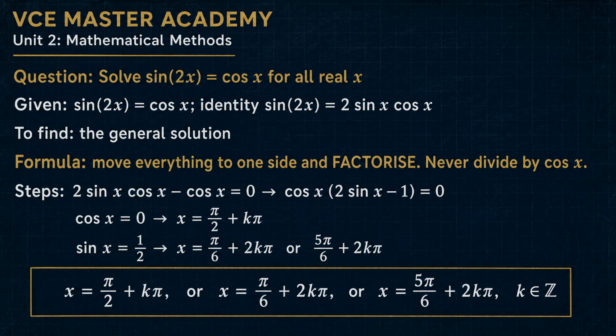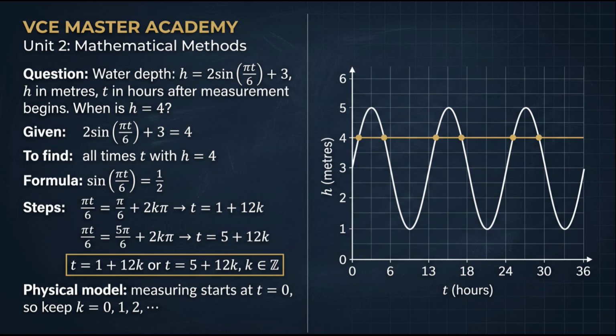Pi over 6 plus 2k pi, or 5 pi over 6 plus 2k pi. Final answer. 3 families. x equals pi over 2 plus k pi, or pi over 6 plus 2k pi, or 5 pi over 6 plus 2k pi. k is any integer. Write this rule in gold in your head. Factorize. Never divide.